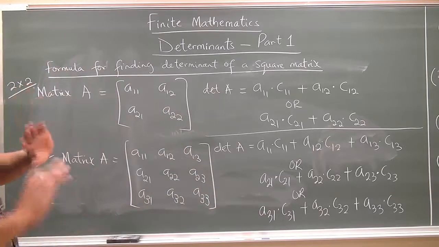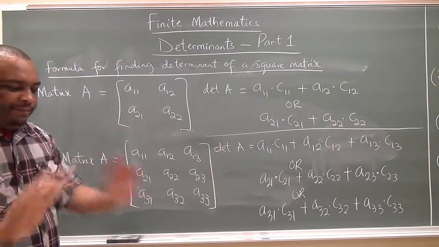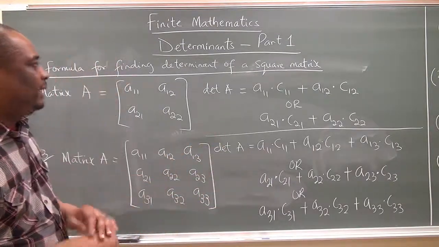Okay, so that is how we find the determinant of square matrices: 4 by 4, 5 by 5, 6 by 6, 7 by 7, 8 by 8. That is how we find it.